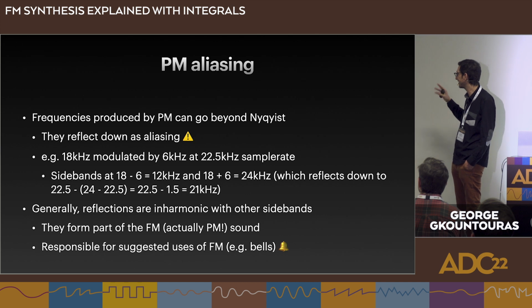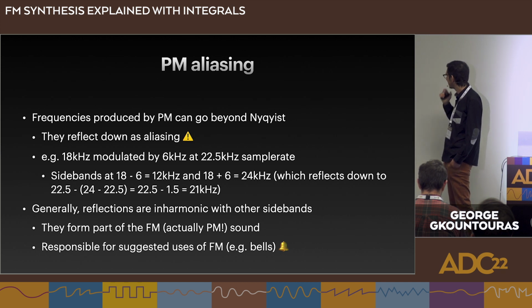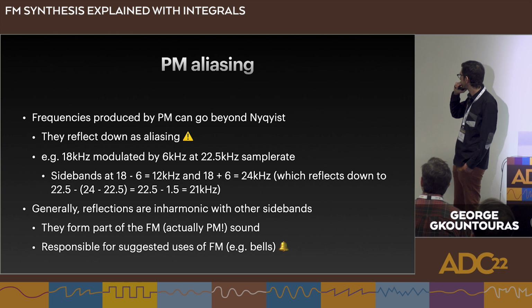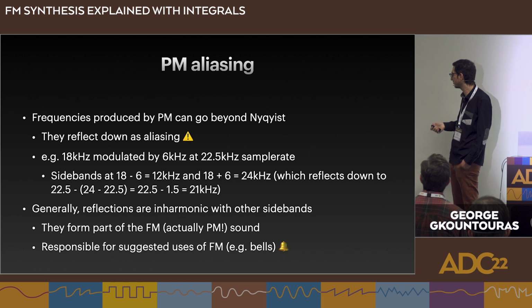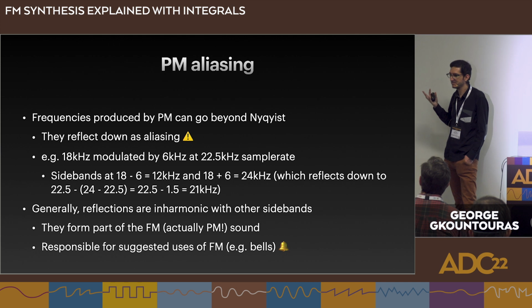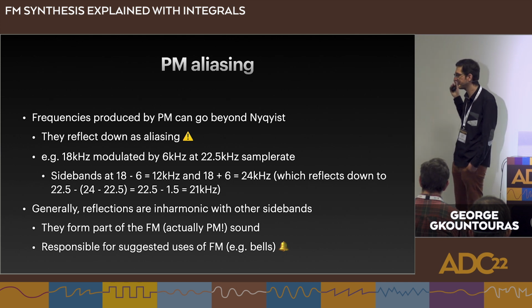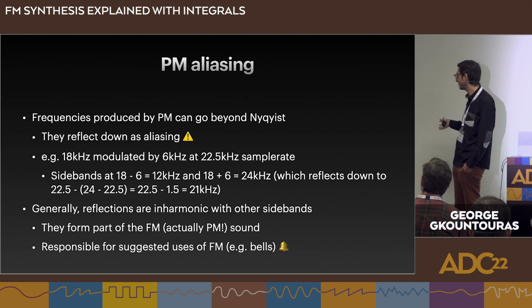Again, the Nyquist limit is 22.5, and the sample rate is actually 45. So we get reflection around the Nyquist limit, and the upper sideband reflects down, and generally this is not going to be harmonic with the lower sideband, so it's going to produce something that sounds metallic or noisy at very high rates, or it will not necessarily sound nice.